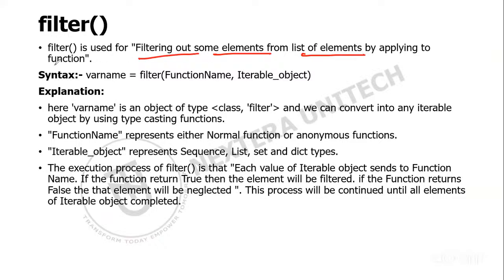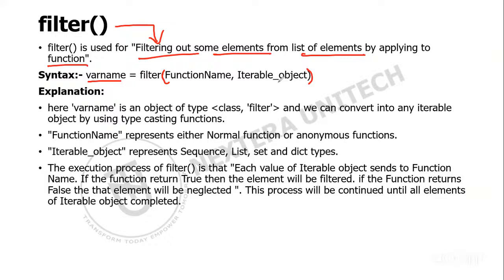By applying these elements to a function. So the filter function is actually performing filtering. This filtering will be done based on the function. And the syntax of the filter function is variable name equals filter of function name and iterable object.